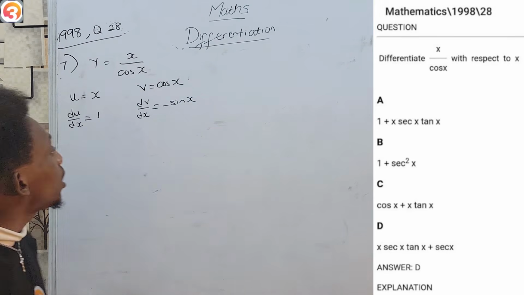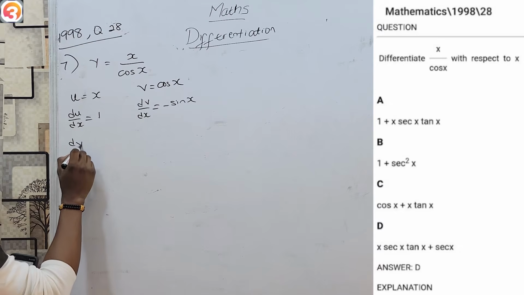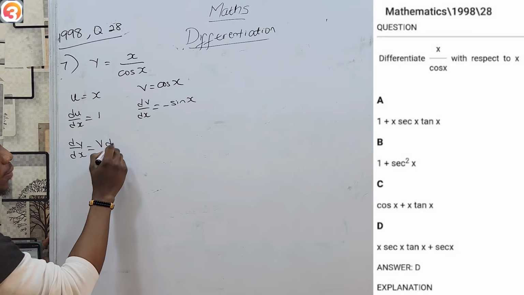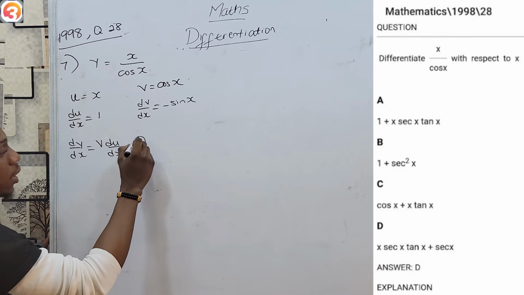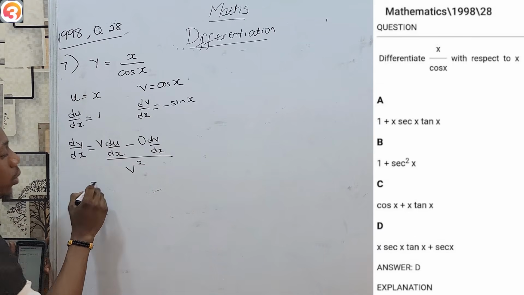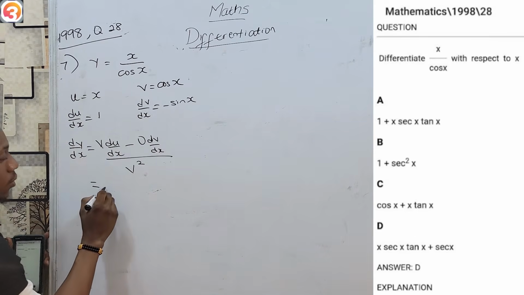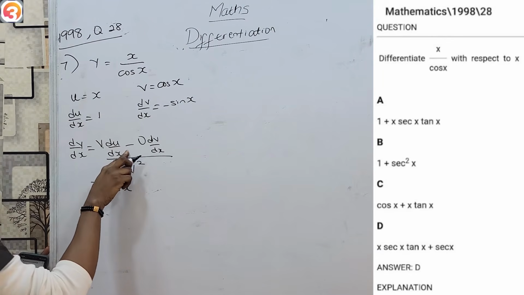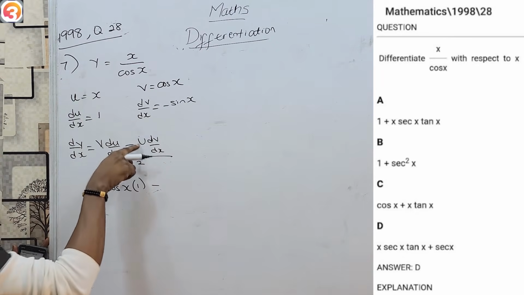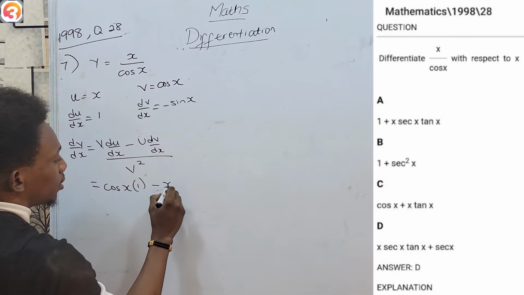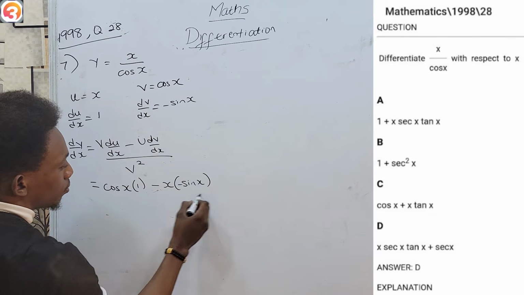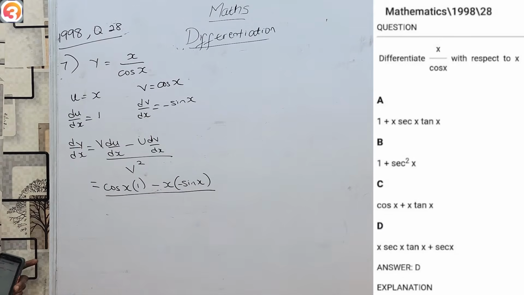So, how does it start? Well, dy dx, as you are aware from the formula, and if you've forgotten, let's just write it again, is v du dx minus u dv dx all over v squared. What is v? v is cos x times du dx, which is 1, minus u, which is x, times dv dx, which is minus sine x, all over v squared.